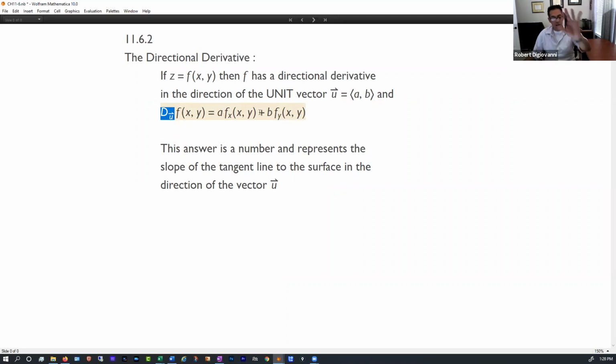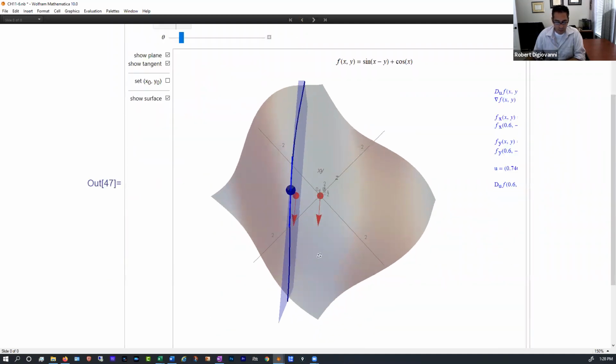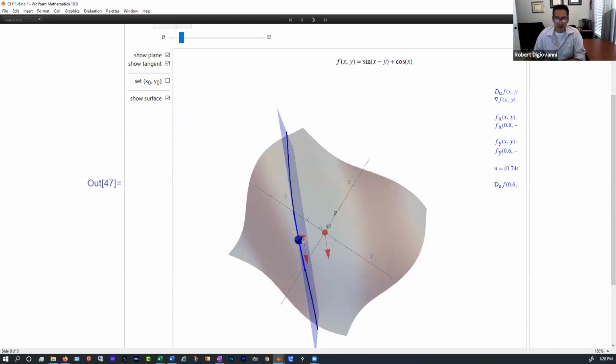Okay, we're going to do an example, but I want you to understand something very important here, and that's this direction. So you remember what I said was we have to pick a point on the surface, and then we have to pick a direction. And that direction will always be in the same direction as this red vector here. So we're going to look at that vector, that red arrow, as being a vector on the ground.